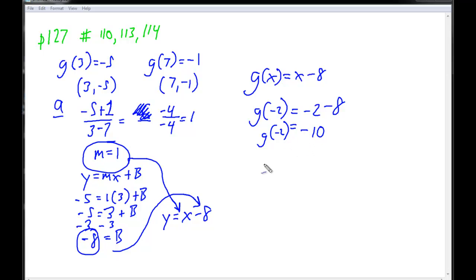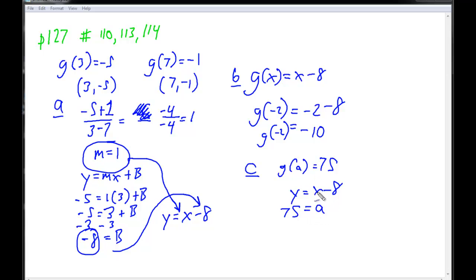Then it says for part C, find a value of a such that g of a is equal to 75. What that means is, what value of a do I plug in for x to give me 75? Well, take your equation, y equals x minus 8, and make 75 the y value. a is going to be my x value.